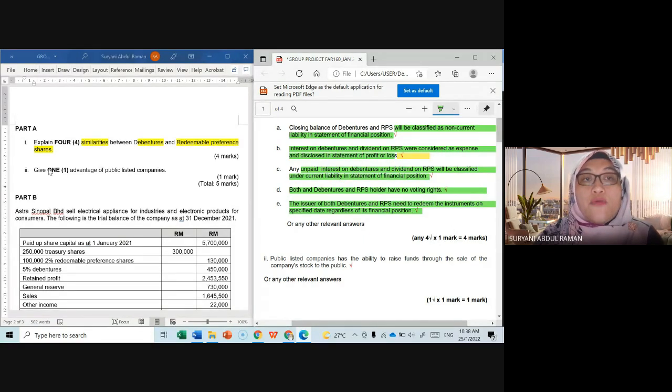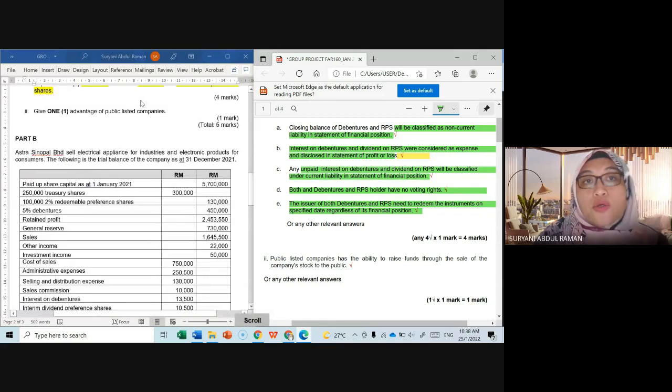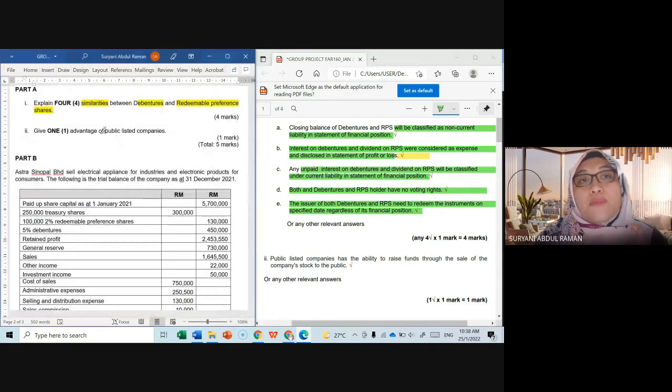Okay, next, give one advantage of a public listed company. I just need one. The keyword here is public listed company. Of course, a public listed company has many advantages. You have limited liability, for example.